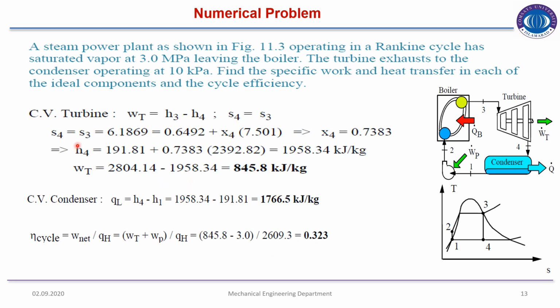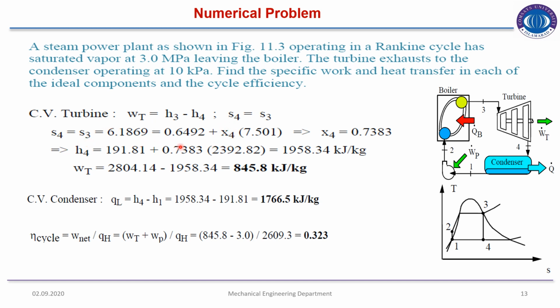The next component is the turbine. We know that WT is equal to H3 minus H4, and it is also an isentropic device. Initially we will calculate the dryness fraction, because the steam in the turbine is a mixture.